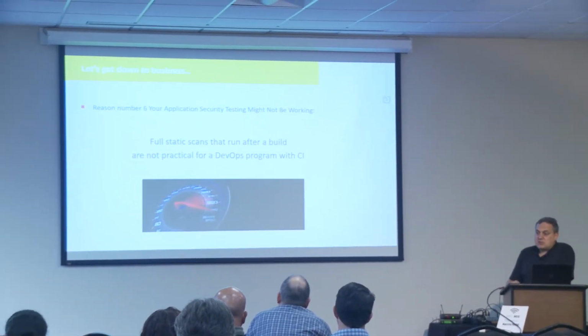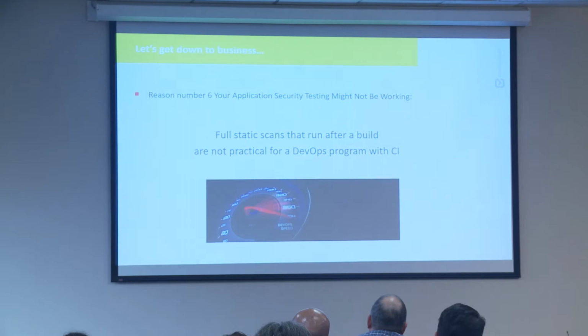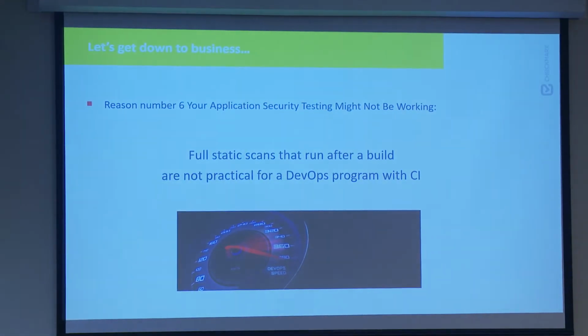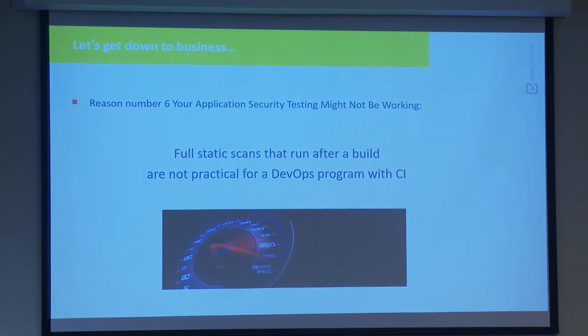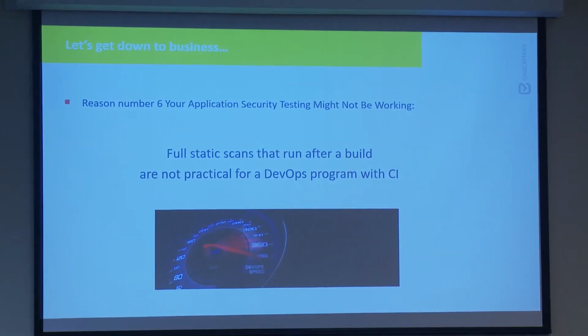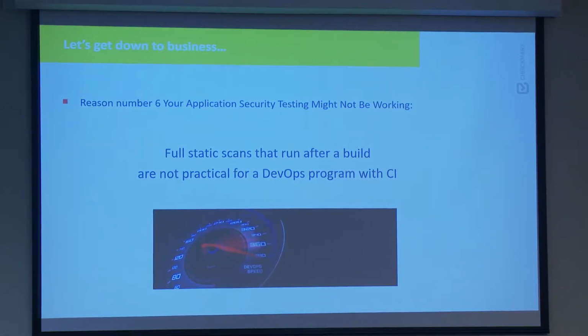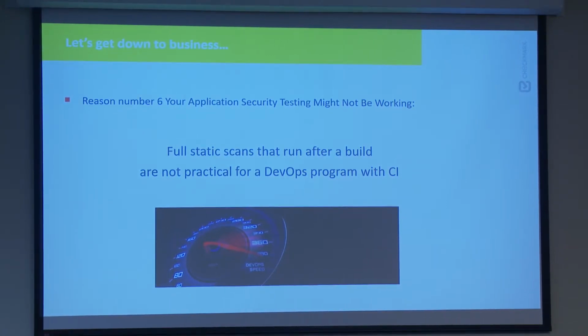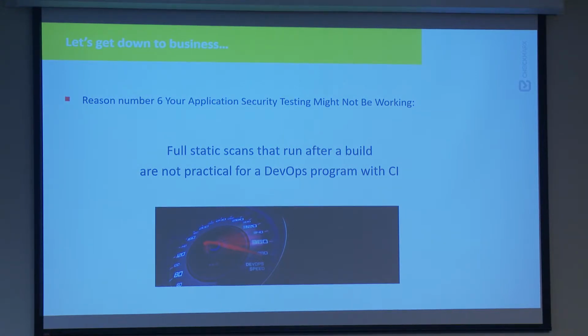Reason number 6, static tests. Of course, Checkmarx is a vendor, so we built our name in static analysis, so it's something that I understand very well. It's also one of the older technologies in application security testing. So static typically, if you run a full scan, involves a 2-hour, 4-hour process.